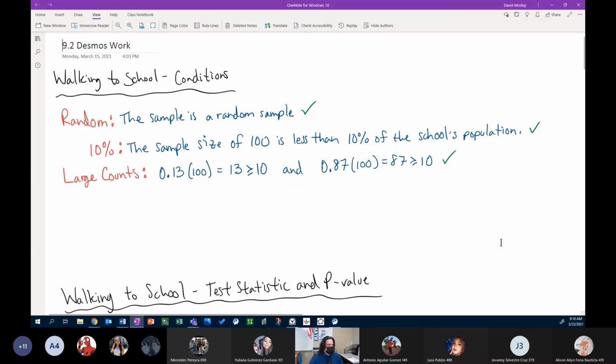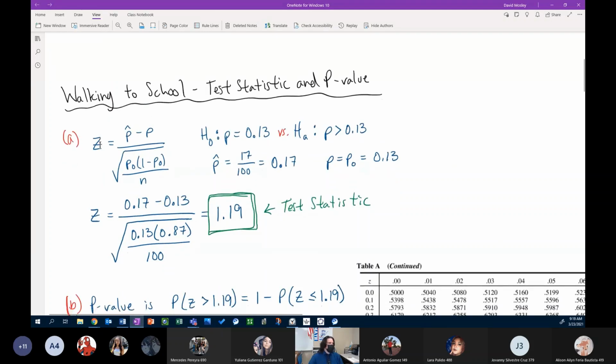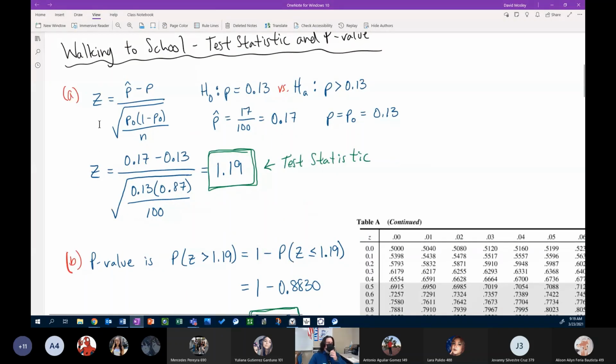So right here. We'll start with part A. First we have our z formula. This is just a habit of mine: anytime I use a formula, I write it down in its general form first, and then I plug in all my values afterwards.